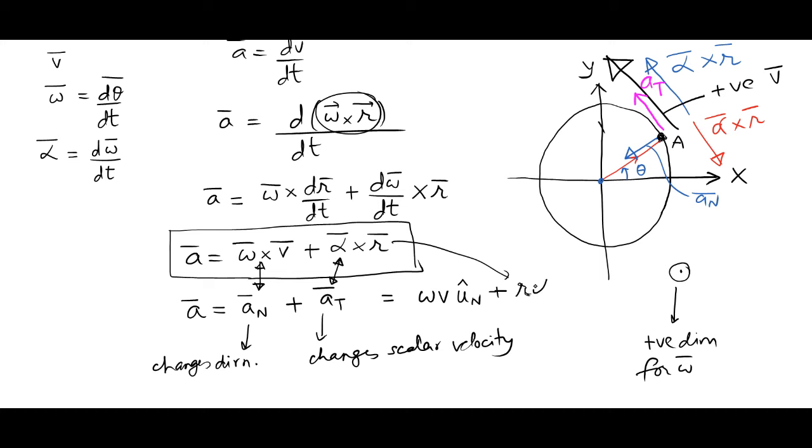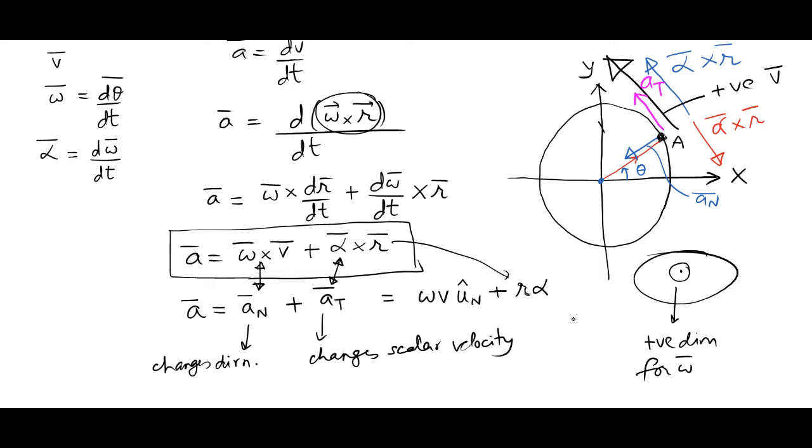So I'll write alpha. Now alpha is not the modulus of alpha bar, but it's the scalar component. It's the scalar angular acceleration. It's alpha bar expressed as a scalar, and as you remember, whenever you express a vector as a scalar, you have to allot a certain positive direction. So the rule is, if you have allotted a positive direction for omega bar, we have done that over here.